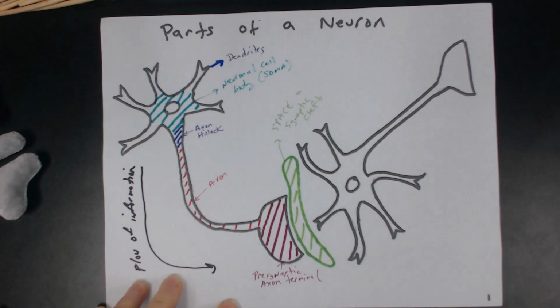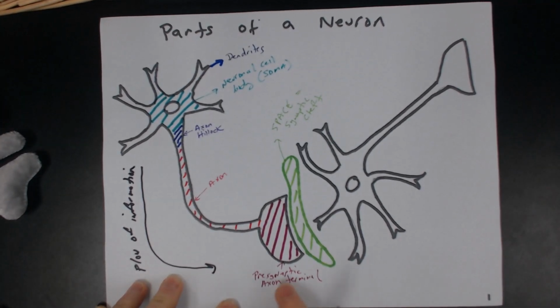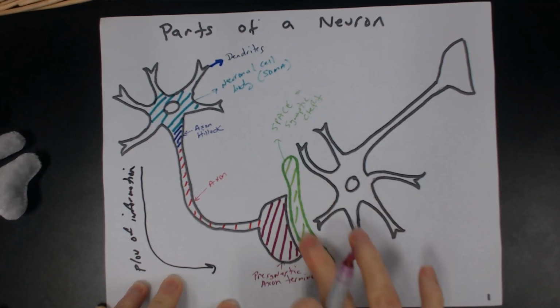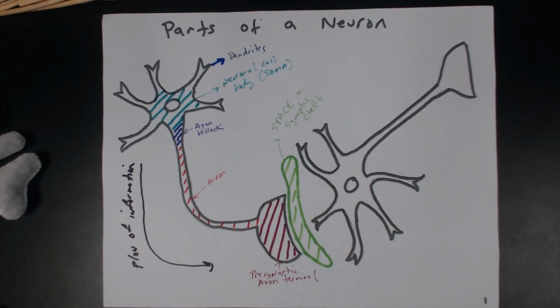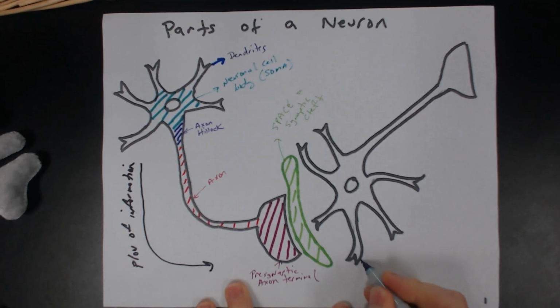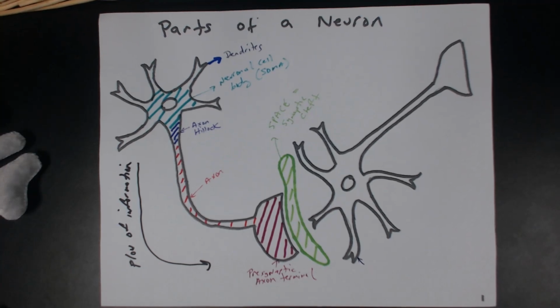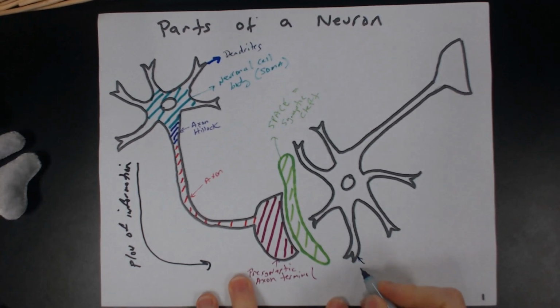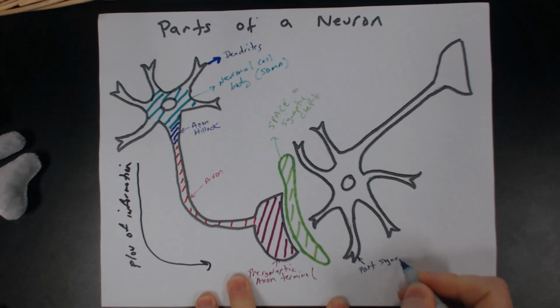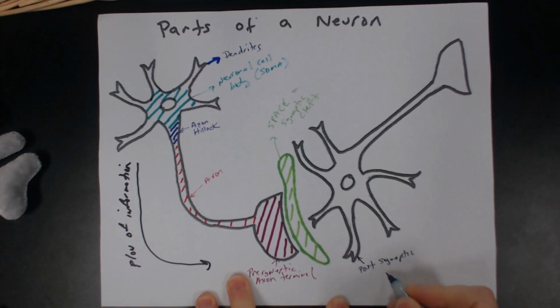There's your presynaptic axon terminal because it's in front of the synapse, which makes these things on this axon postsynaptic. So this is going to be your postsynaptic dendrite.